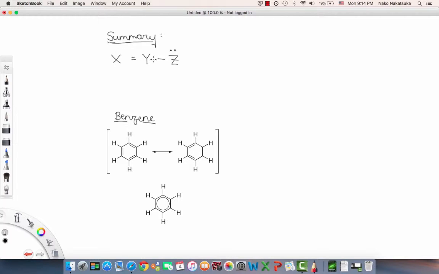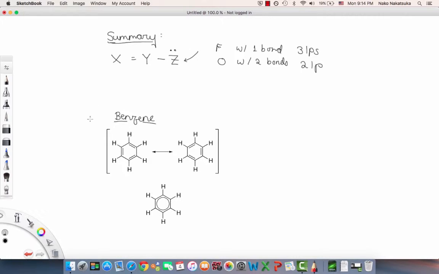The X and Y bond could also be a triple bond, and the Y and Z bond could also be a double bond. So this is just a particular example. However, Z cannot be fluorine with 1 bond and 3 lone pairs, and it can also not be oxygen with 2 bonds and 2 lone pairs.